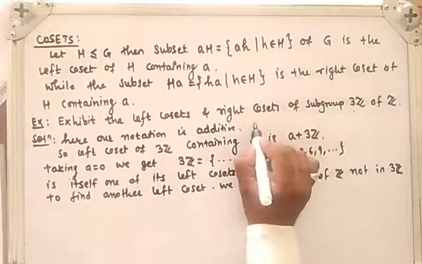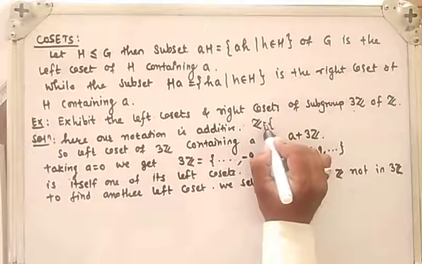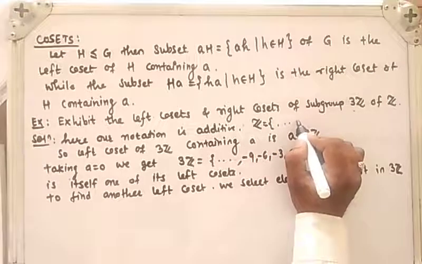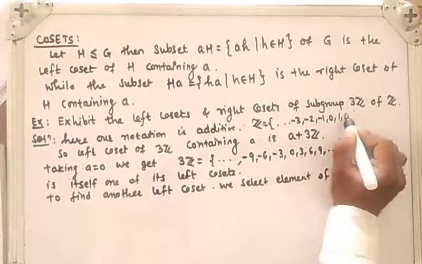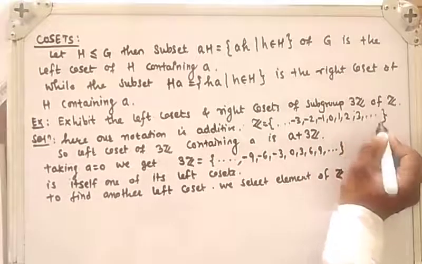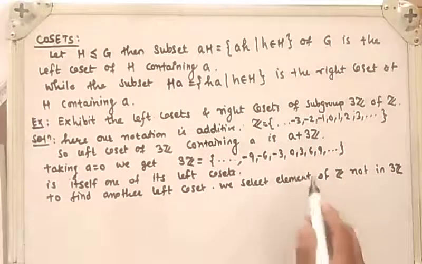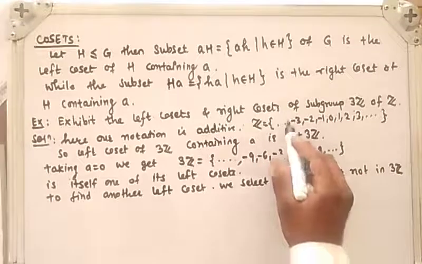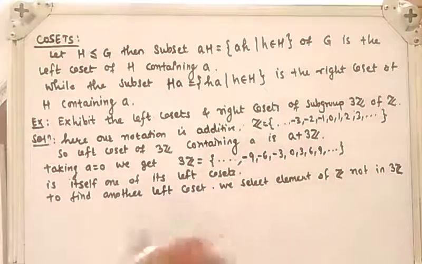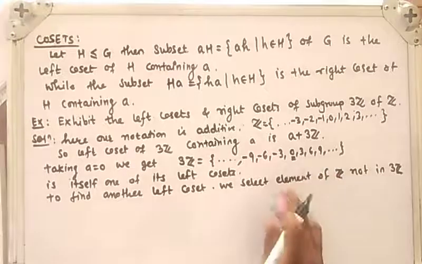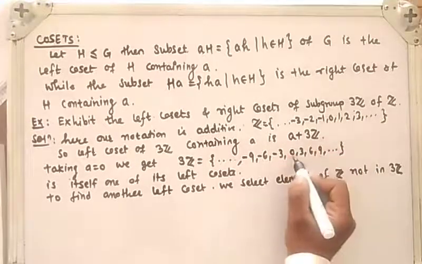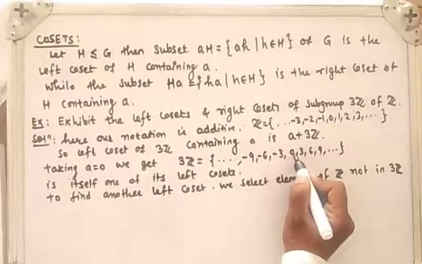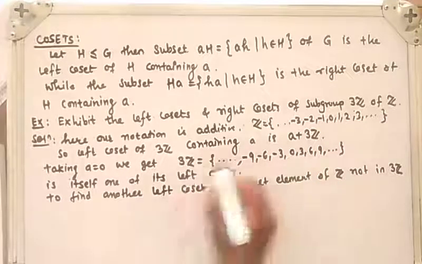Z is the set of integers, and the set of integers has elements of the type minus 3, minus 2, minus 1, 0, 1, 2, 3 and so on. I will select a number a which is from Z but which is not in 3Z. So here we have 0, right? Now what is the number next to 0, which is 1. 1 does not belong to 3Z but belongs to Z.